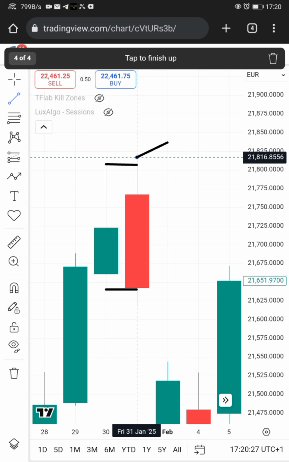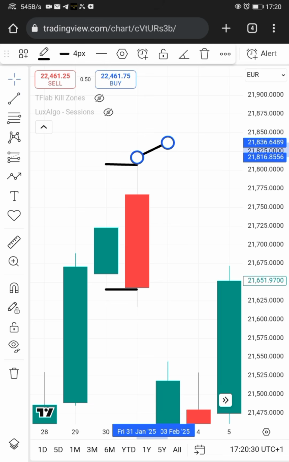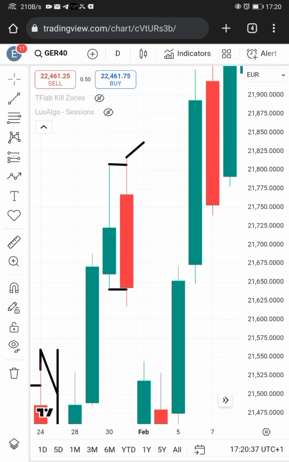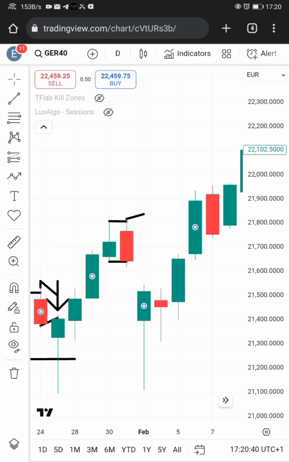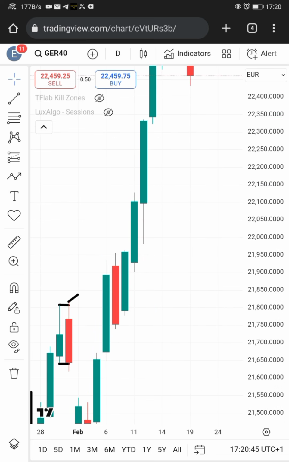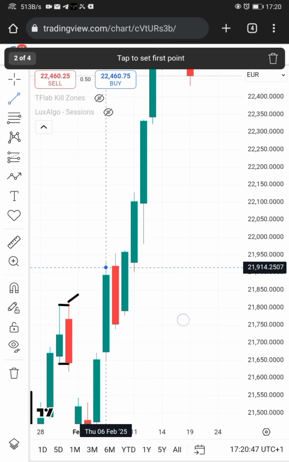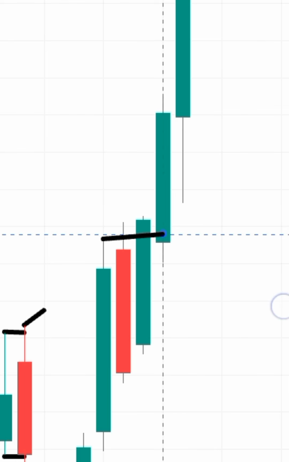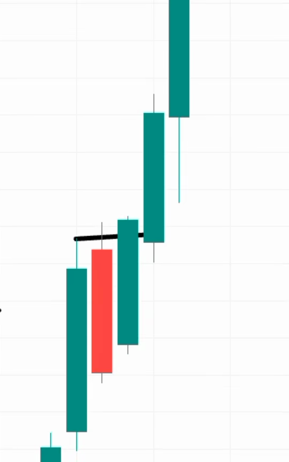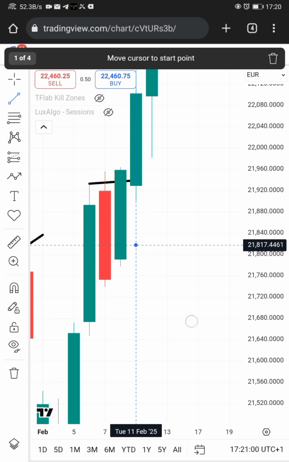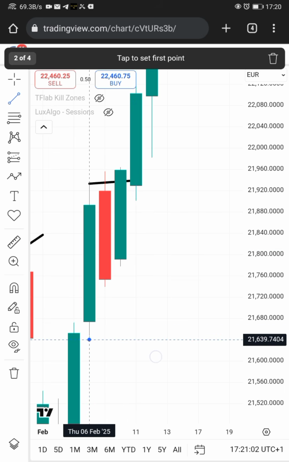You should go to your 5 minutes. Once this high is broken, you look for a break of structure. Once structure breaks and retests, you take your trade to the downside, and you can see the market keeps going. On this day we've seen a break of structure right here, but something happened that made this not work, because for this one to work, it has to come back and grab the low of this candle.